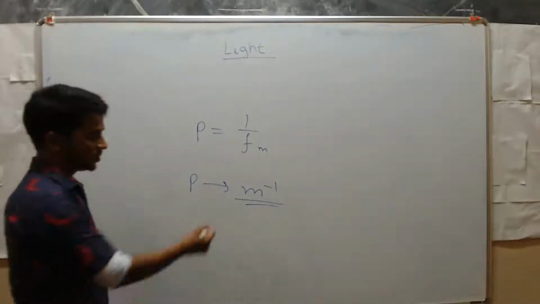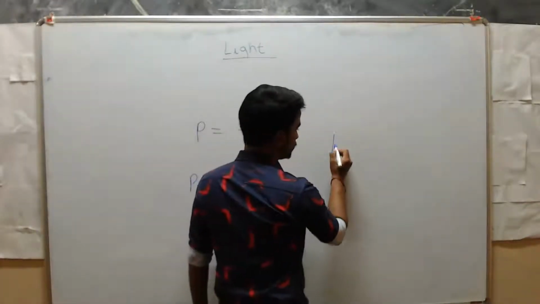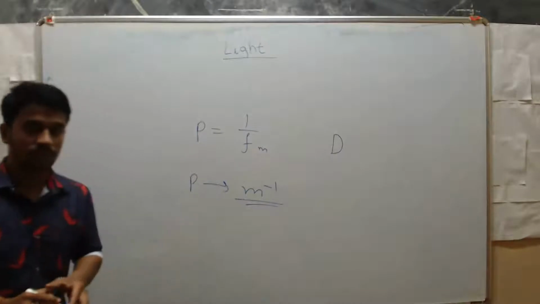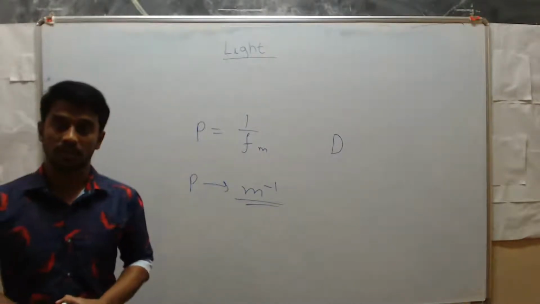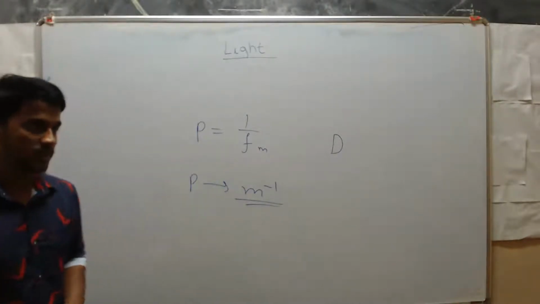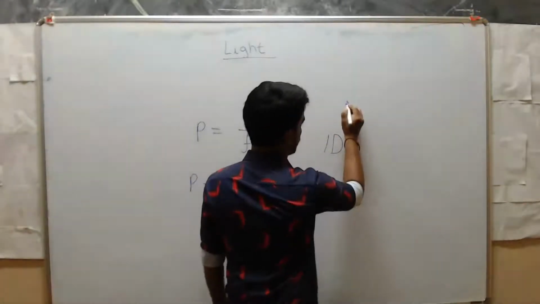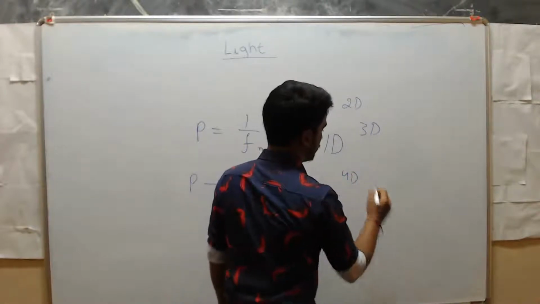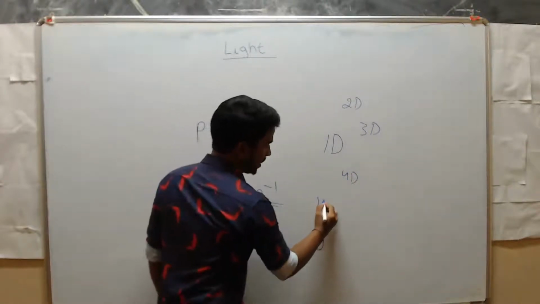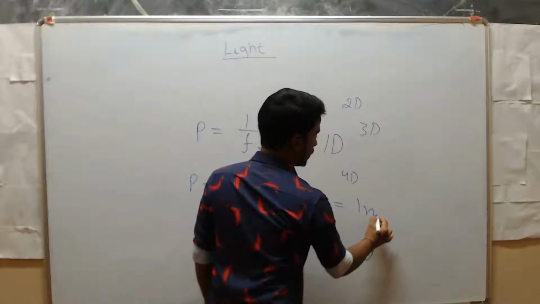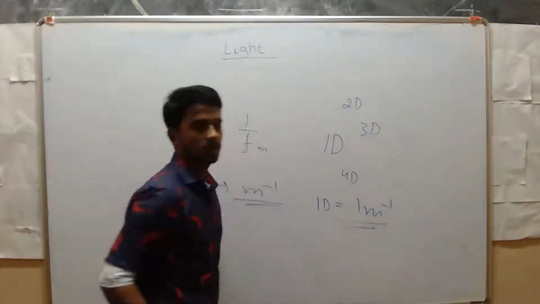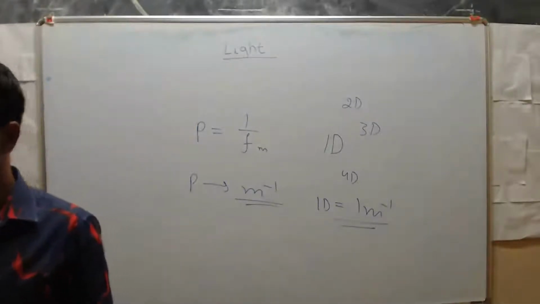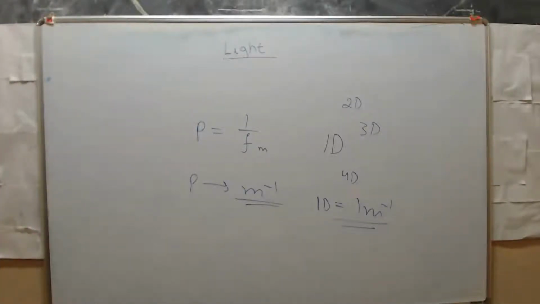Instead of m to the power minus 1, we use capital D. This capital D is the SI unit of power. Here D means diopter, for example one diopter, two diopter, three diopter, like that. One diopter is equal to 1 m to the power minus 1.